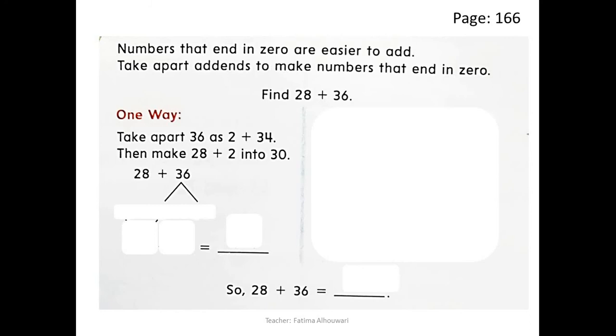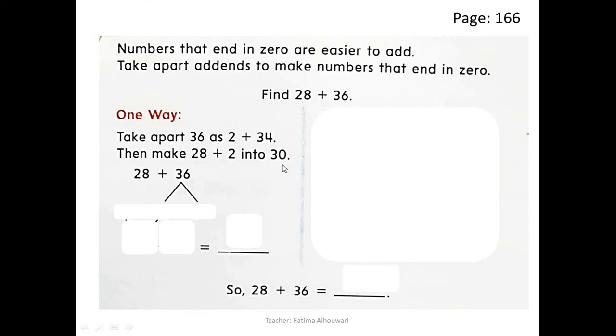So, how many counters do we need to make 30? This is 28. We need two counters. Excellent. We need two counters to have 30. So we will take apart number 36 to 2 plus 34. Now we can add this 2 to 28.